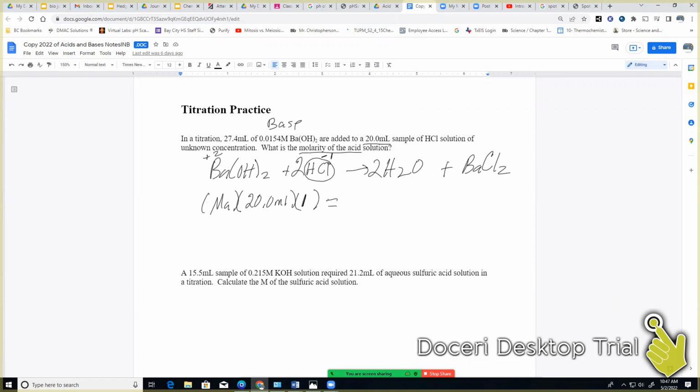And I'm going to set that equal to my Mb, which is 0.0154 and 27.4 mL. And for my barium hydroxide, because of my subscript, I have 2 for my N. All right, divide each side by 20.